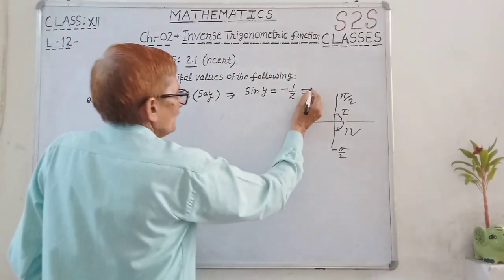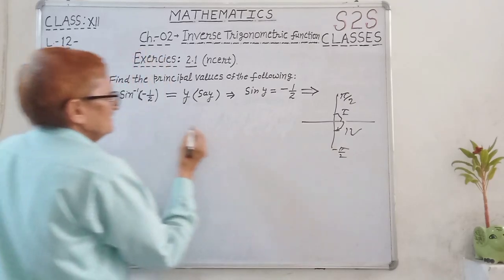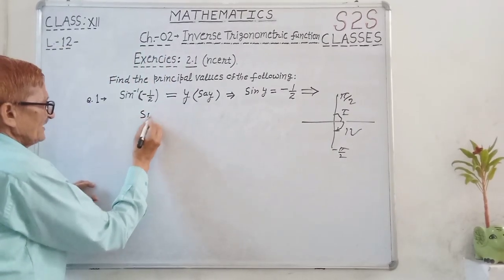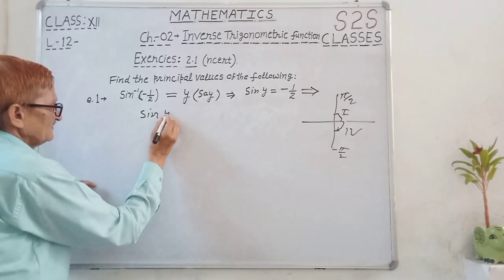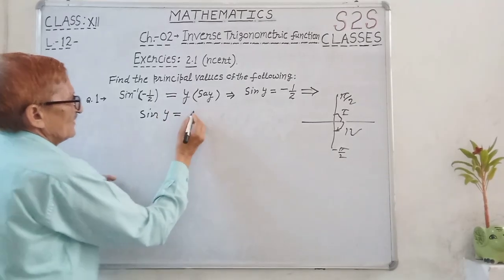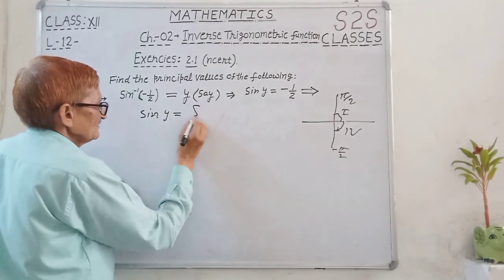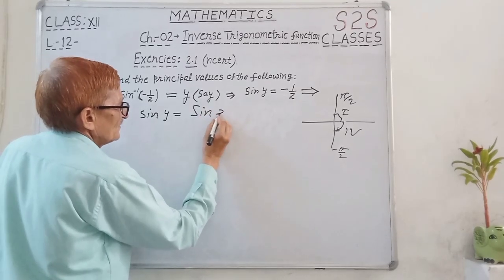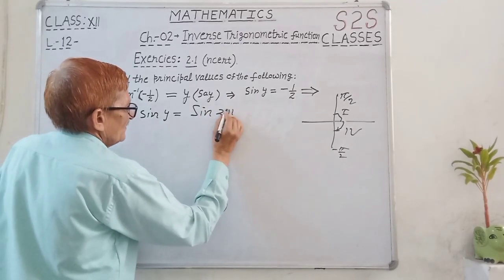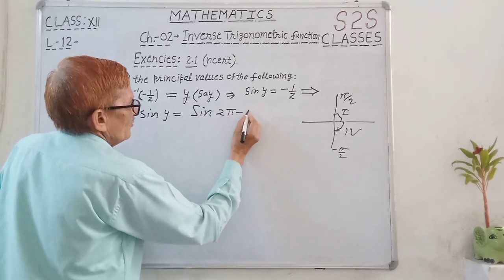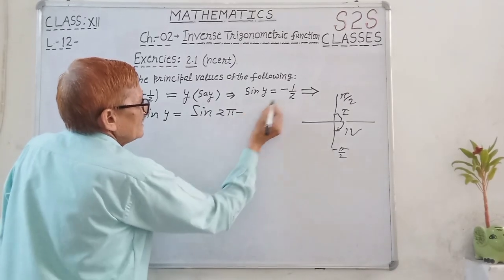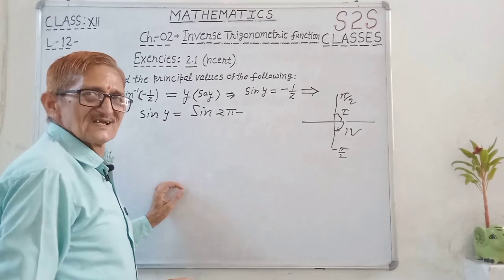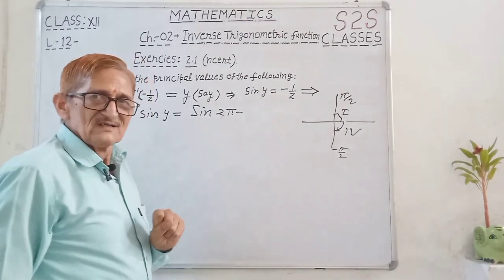Now we can write this. This implies sine y is equal to sine of 2 pi minus... how much degree is half?